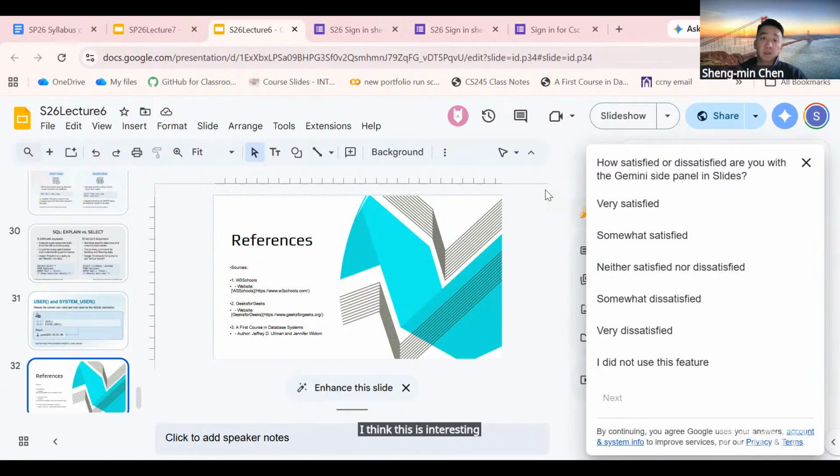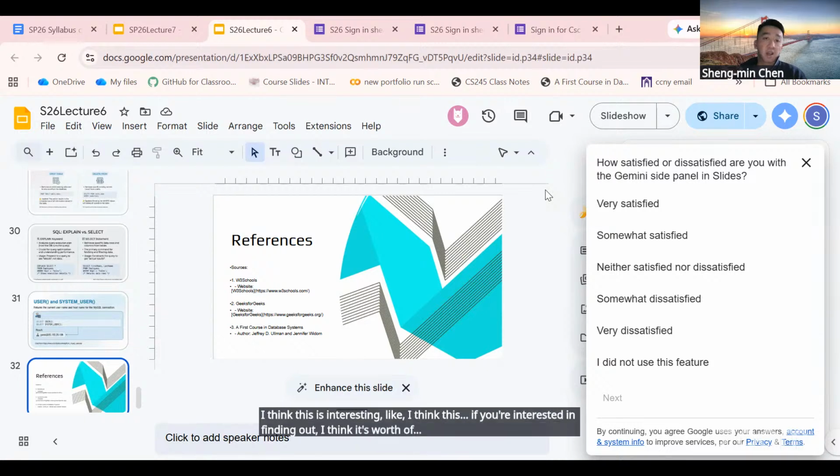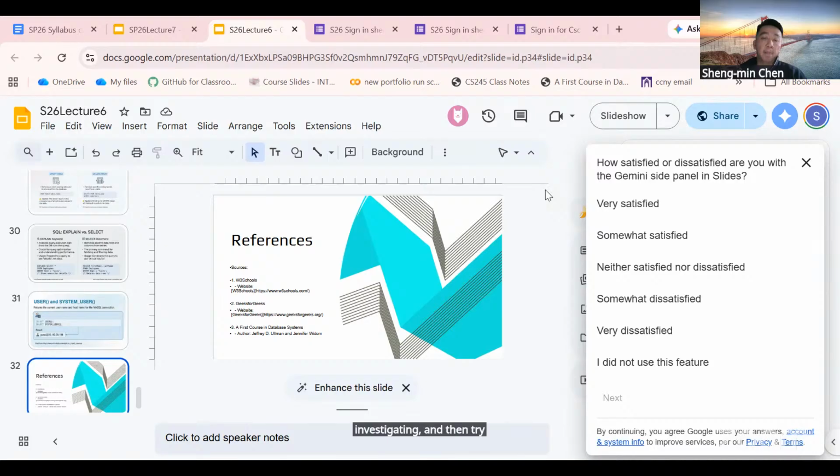If you're interested in finding out, I think it's worth investigating and trying it yourself. If I were to guess, firstly, we do know that foreign keys don't have a not null constraint by default, but primary keys do.